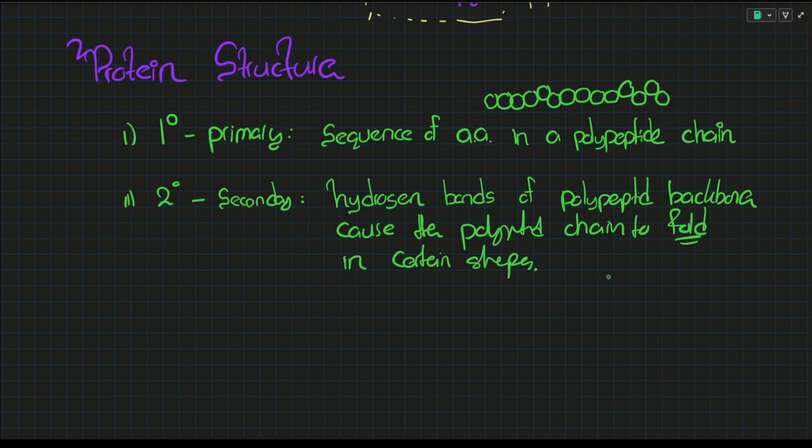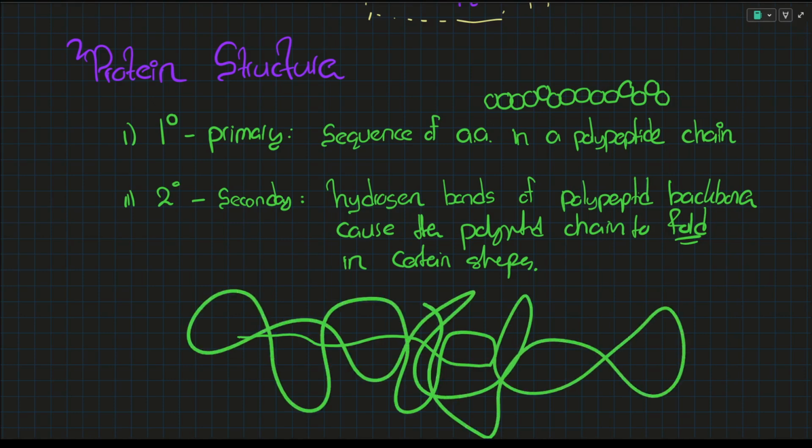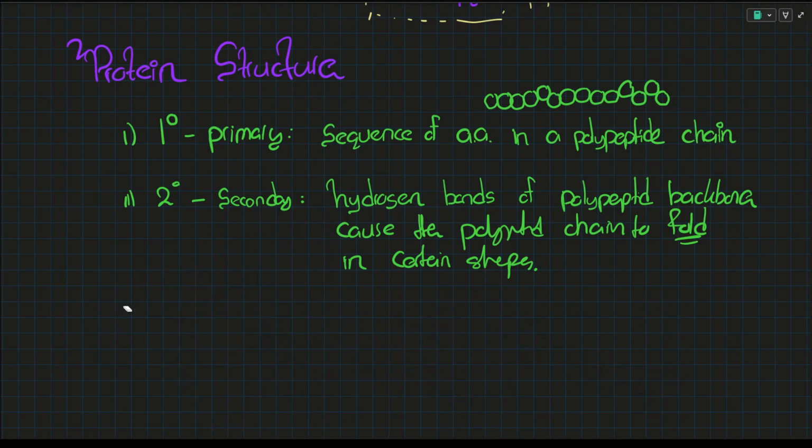Here's the deal. We have this amino acid sequence now. This amino acid sequence can fold in all these different varieties. The main two ways in which the secondary structure hydrogen bonds of the polypeptide backbone can fold is two.